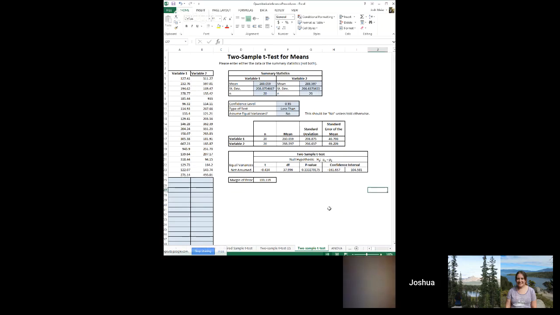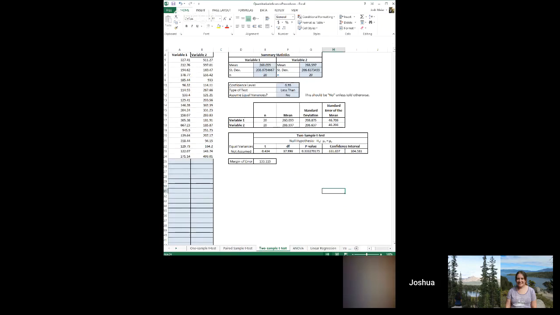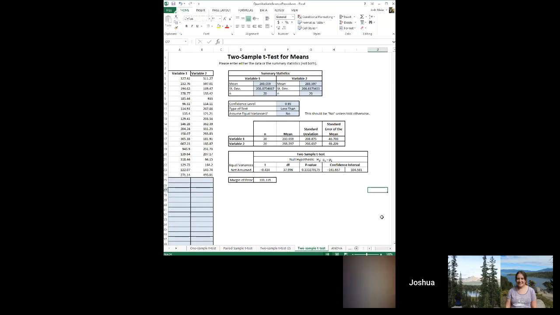And then changed my type of test to less than, and it gave me 19 on the degrees of freedom. Are you doing it in two-sample t-test? No, I'm doing a paired sample t-test. Maybe that's my problem. Oh shoot, that's what I did too.